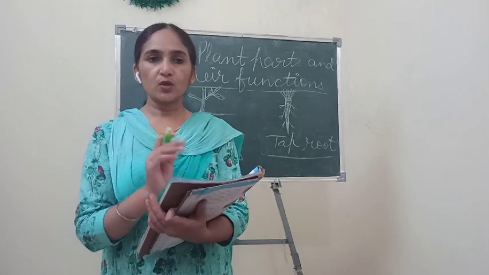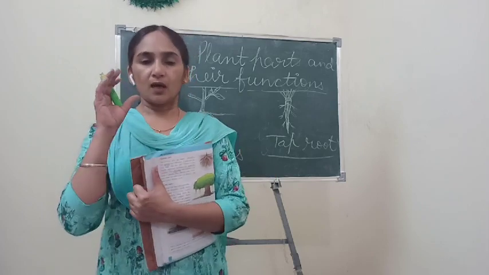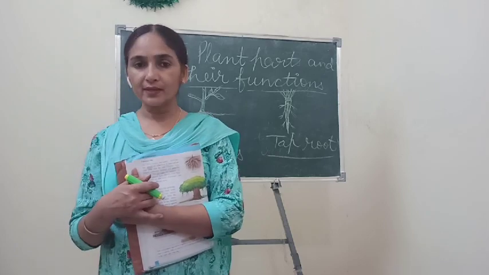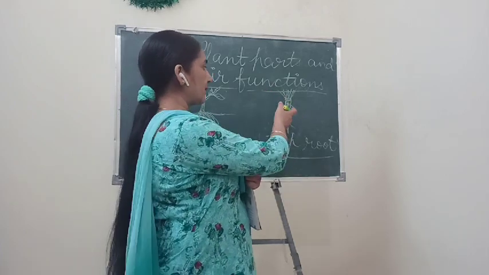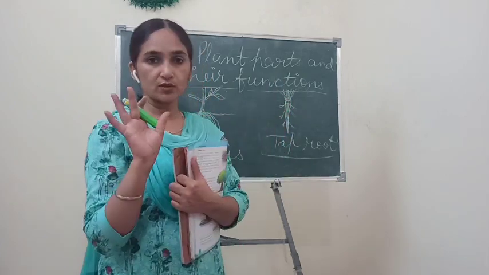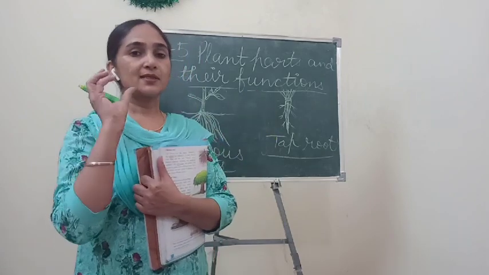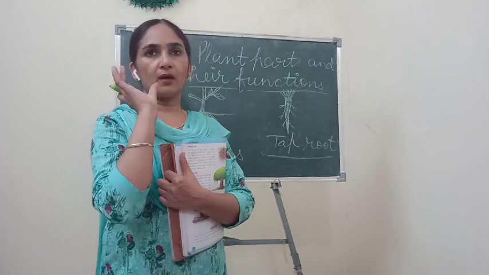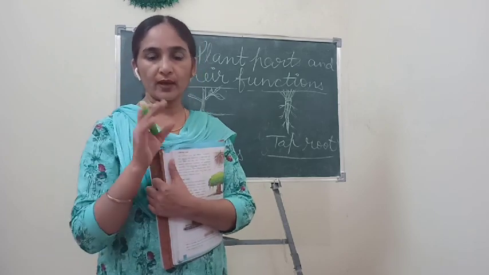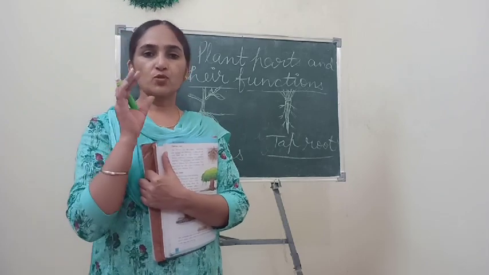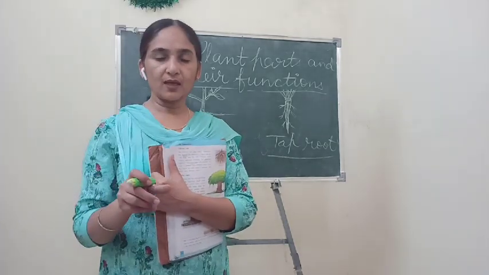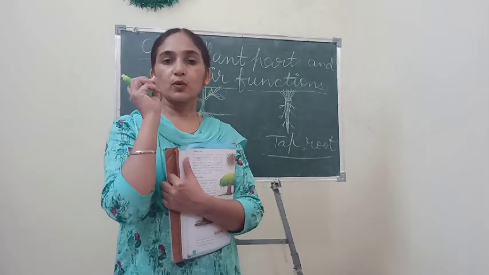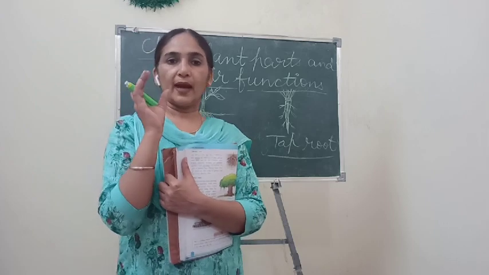Next is storage. You know that many plant parts or shoot parts store food in them, just like the example we have just studied in the case of roots. Some stems also store food in them. Sugar cane is the best example, you can understand better from sugar cane. Sugar cane is a stem of the plant, so it comes under the shoot system, and sugar cane has sweet juice in it.